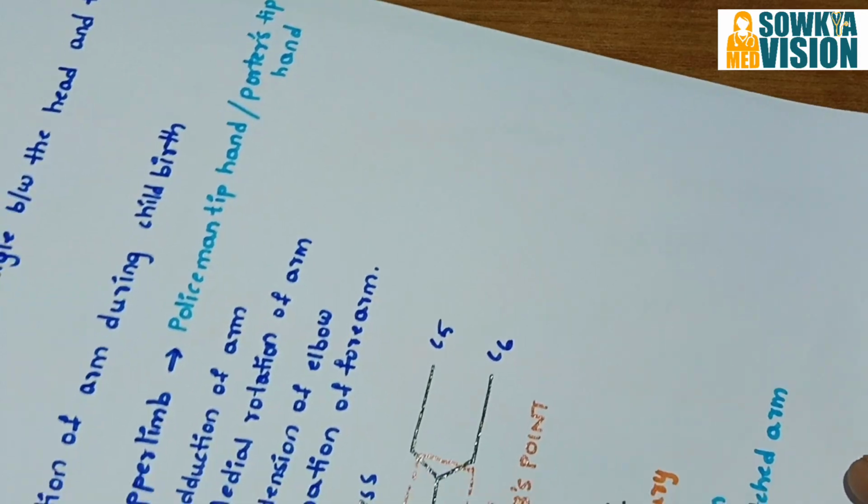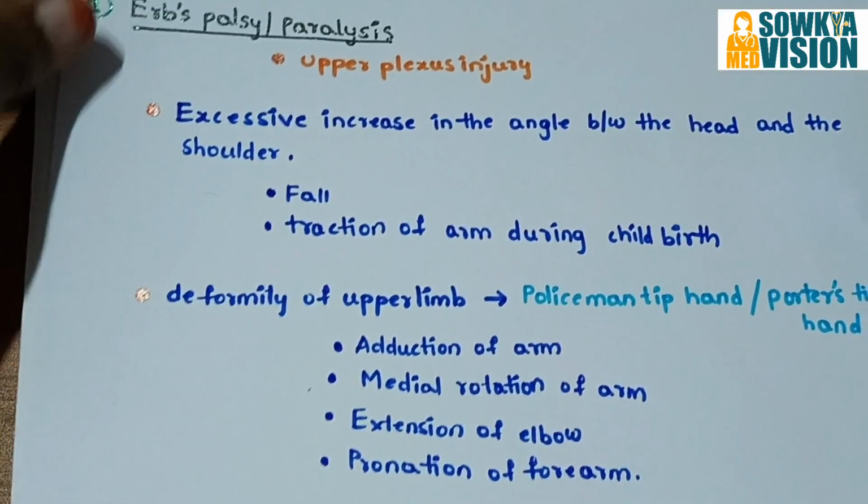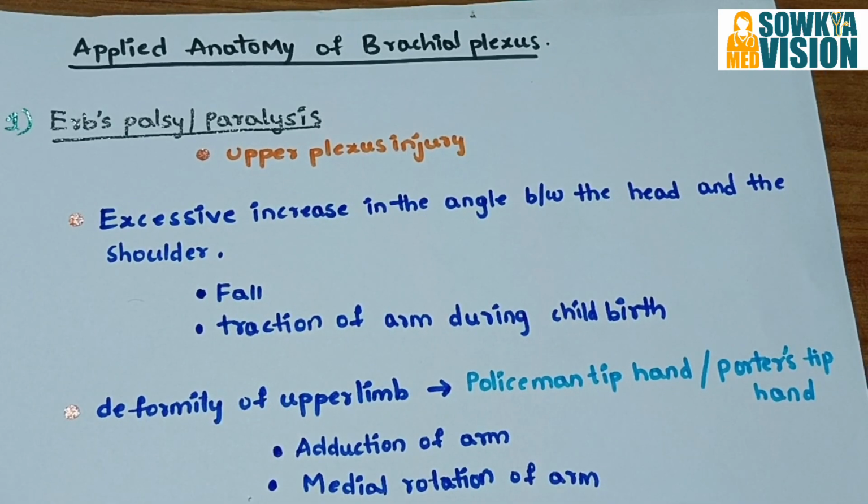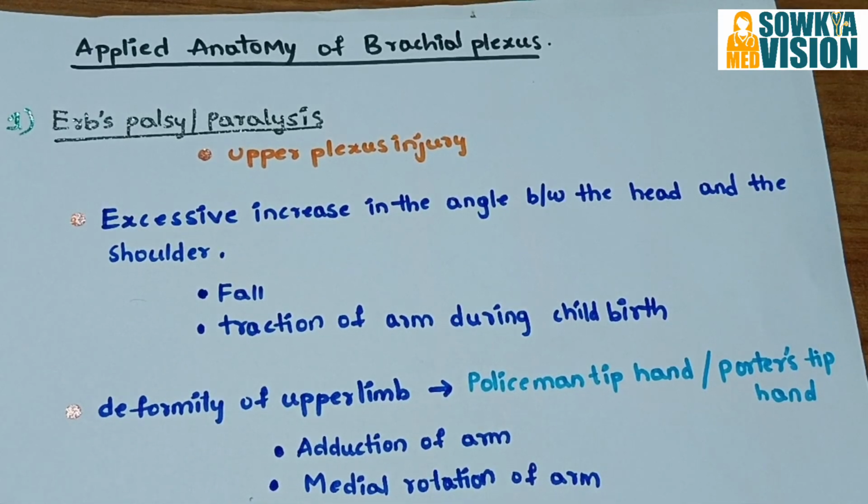See, the brachial plexus question is asked for short answer as well as it is very important long answer also. Whenever it is asked for long answer, you must write at least 2 to 3 applied parts of brachial plexus, in which you must attempt the Erb's palsy. This is a major applied anatomy of brachial plexus.